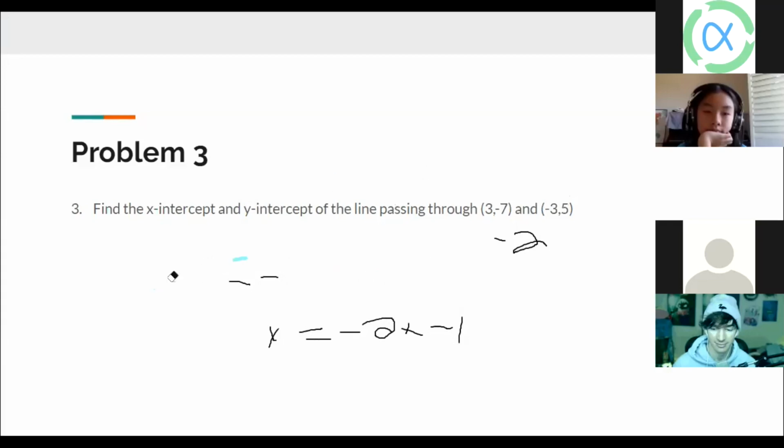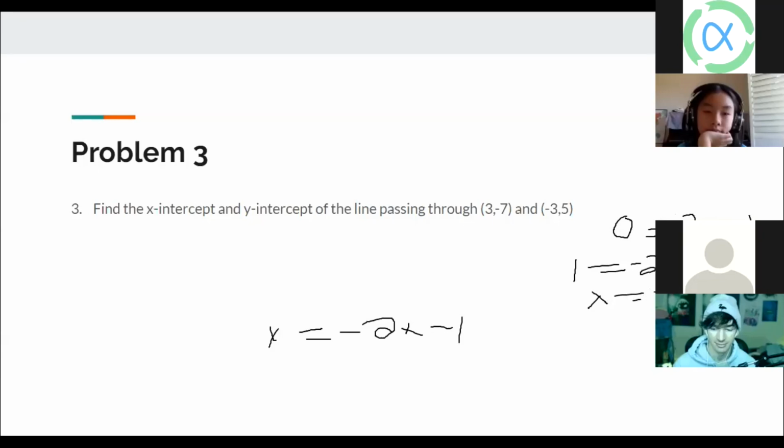Then you want to find the x-intercept and y-intercept. Your x-intercept is when y is equal to 0. So you set y equal to 0 and get 0 is equal to -2x minus 1. So 1 is equal to -2x, so x is equal to -1/2.